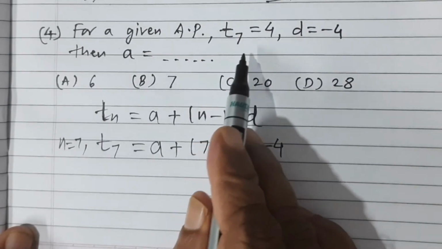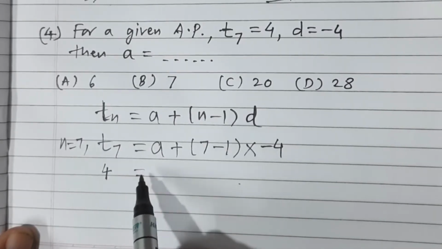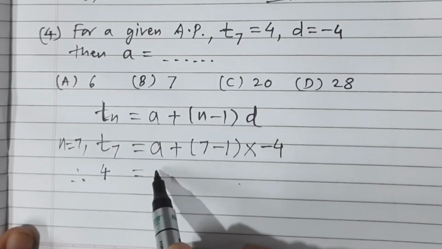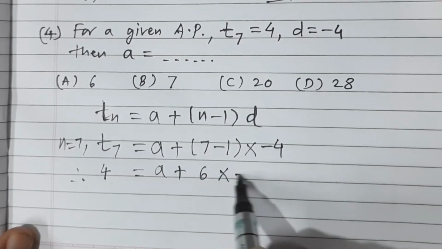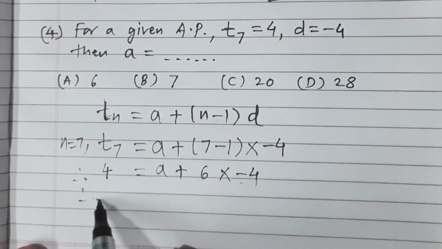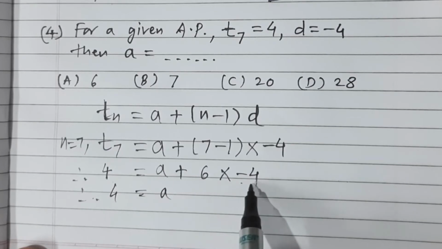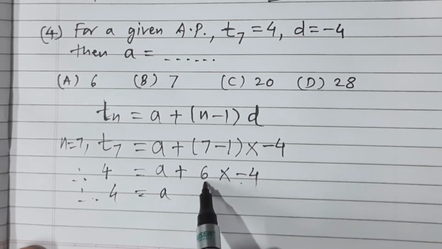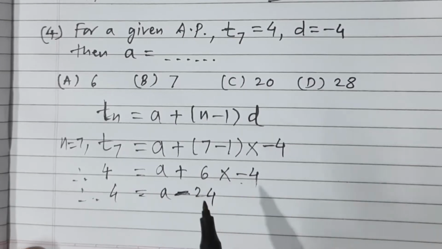Therefore T7 is given as 4, so put the value of T7 here: 4 is equal to A plus (7 minus 1), which is 6, into minus 4. Therefore 4 is equal to A, and 6 into minus 4 is minus 24.